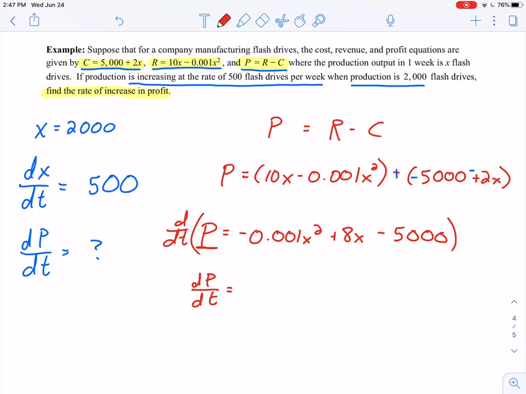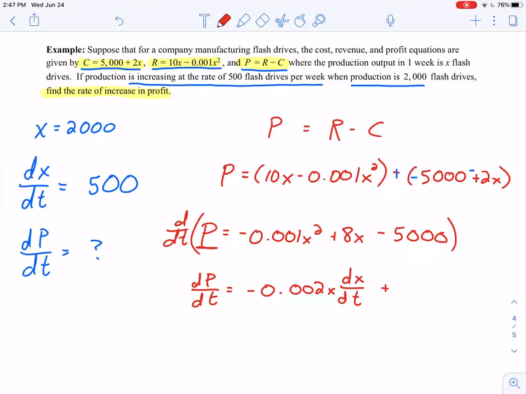Equals on the right-hand side, derivative of negative 0.001x squared. Well, that's going to be negative 0.002x. But again, we're using implicit differentiation. We're taking the derivative with respect to t. We need to use our chain rule, so I'm going to multiply by dx over dt plus derivative of 8x.